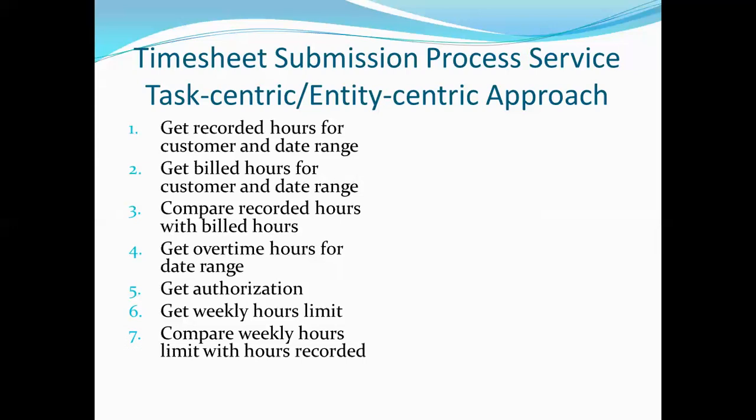If the hours for tasks performed during the week are less than the weekly hour limit, then the third criteria is fulfilled, and the timesheet is accepted by the clerk.